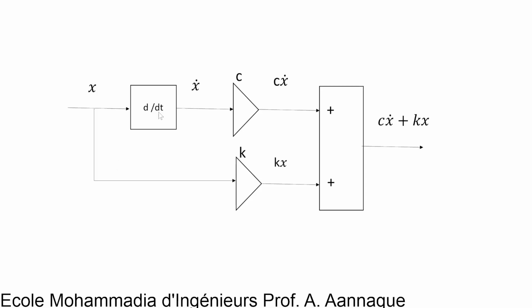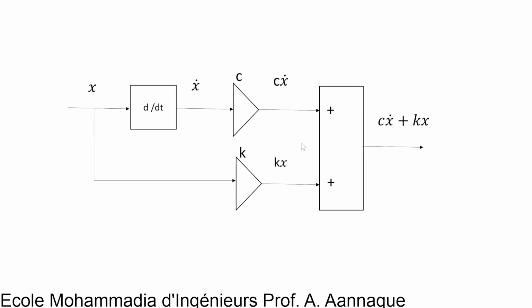Here we have the differentiator and the amplifier. From x we get x dot, we multiply by a constant, and at the same time we pick up the signal x, we multiply it by k, and we use this block which sums the two entries.